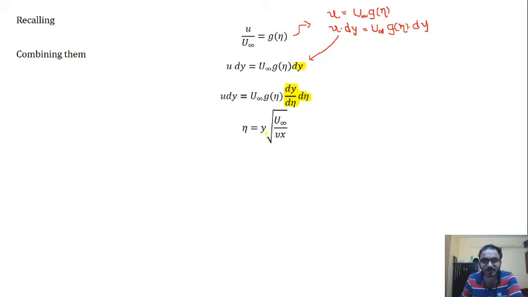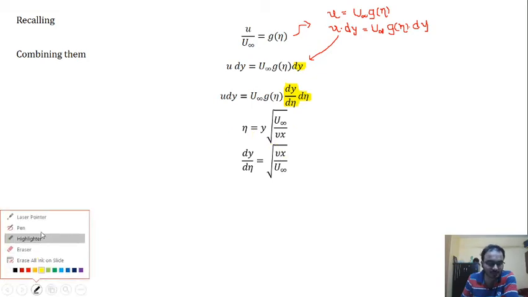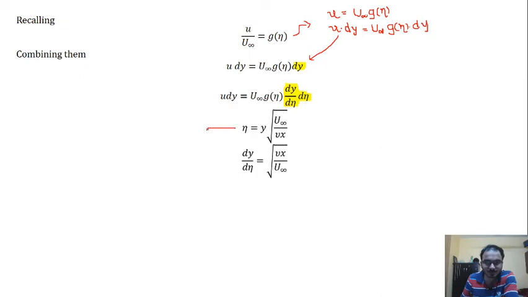So this is already done, and dy upon d eta is given by this formula, that is a simplification of this. Dy upon d eta is given by simply this formula.